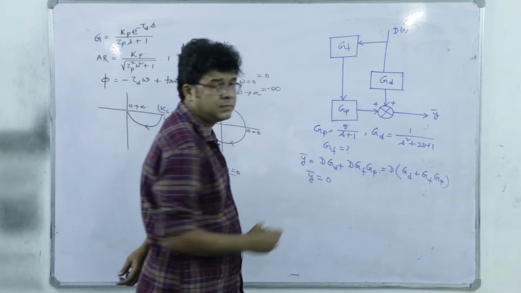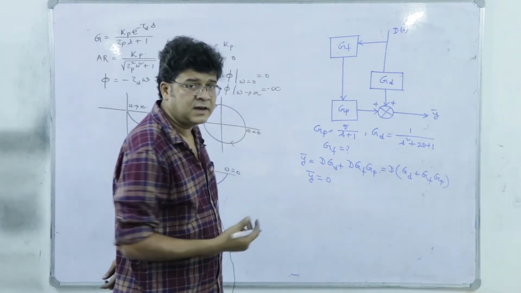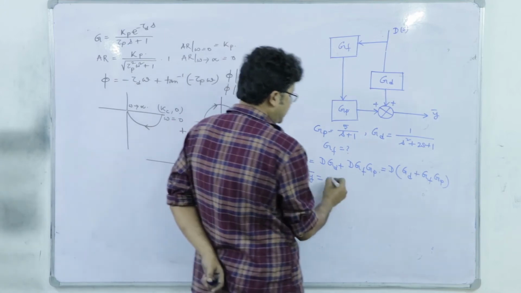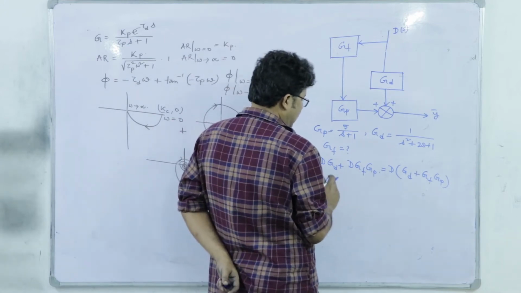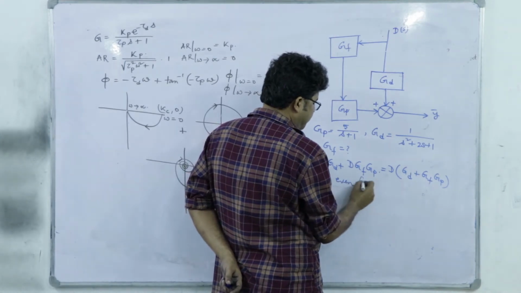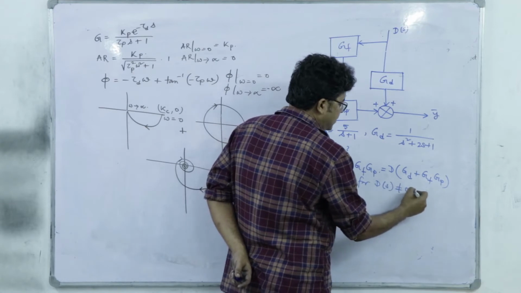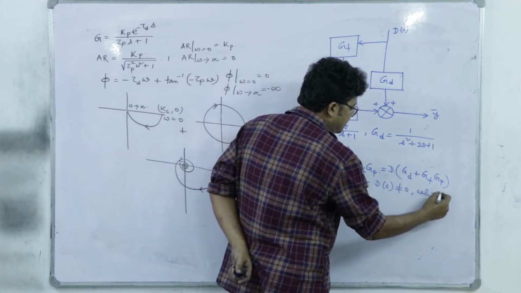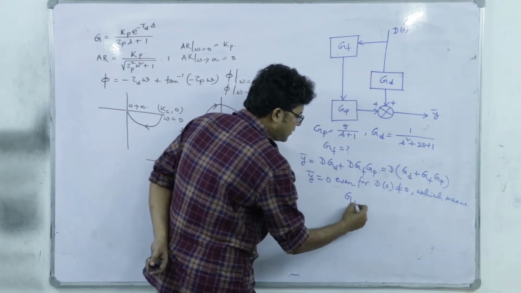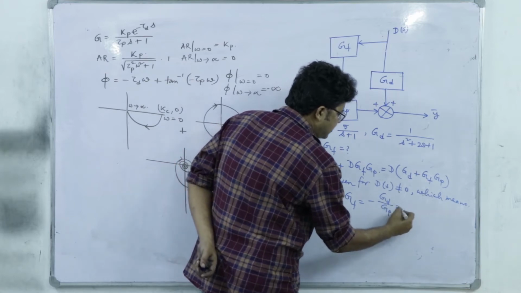So, Y prime or Y bar must be equal to 0 irrespective of any change in this D. So, Y is equal to 0 even for D not equal to 0, which means GF is equal to minus of GD by GP.